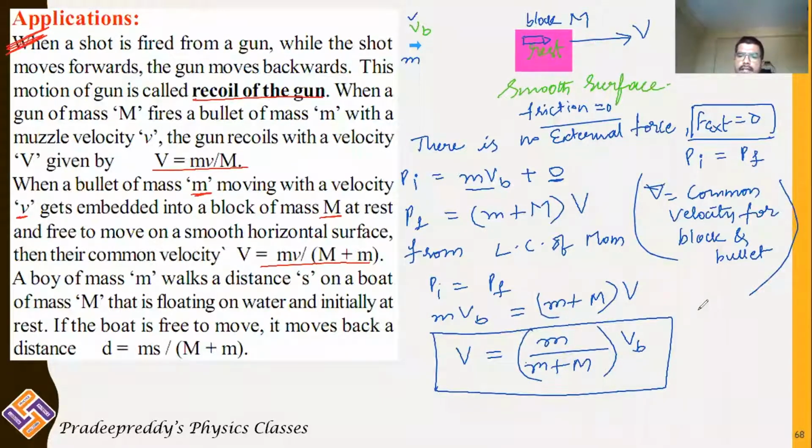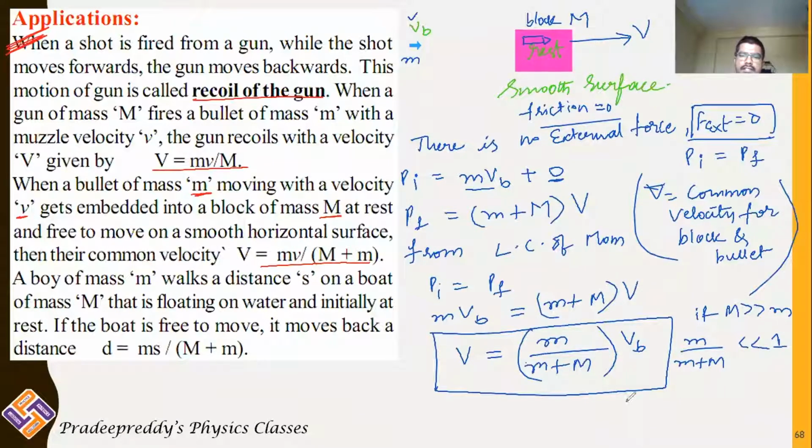Clearly, suppose the mass of the block is greater than the mass of the bullet. In such cases, the value small m divided by m plus capital M will be less than 1.